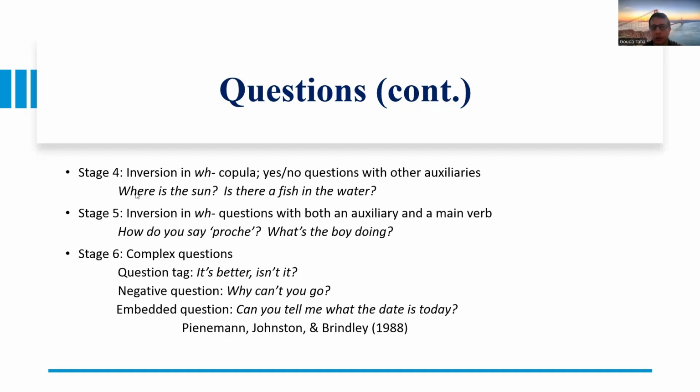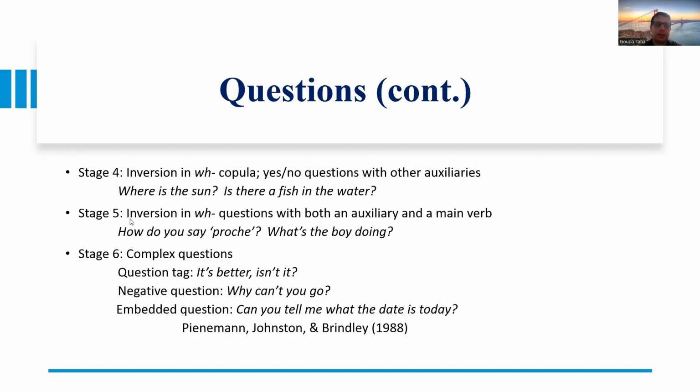Instead of saying "where the sun is," as we saw in stage 3, we start to see "where is the sun." And instead of saying "is there a fish is in the water," as we saw in the previous stage, we can see the inversion is happening.